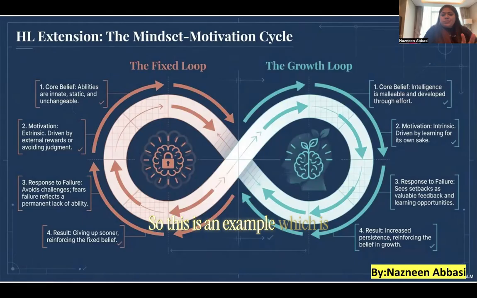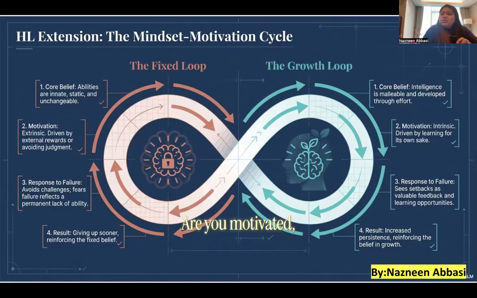So, this part is for people who have opted for HL psychology. This is an example which I have taken from the book: mindset theory, which talks about growth mindset and fixed mindset. Growth mindset talks about core beliefs, motivation, responses to failure, and what it leads to as a result. Fixed mindset also has core beliefs.